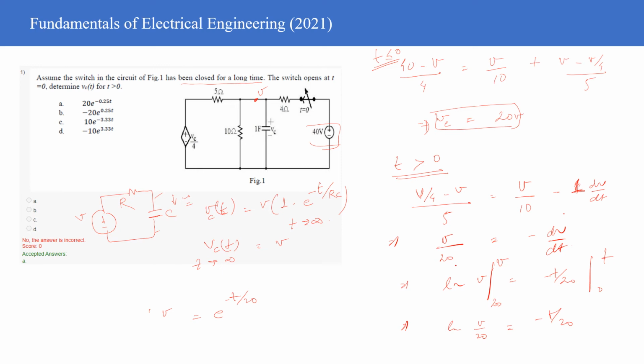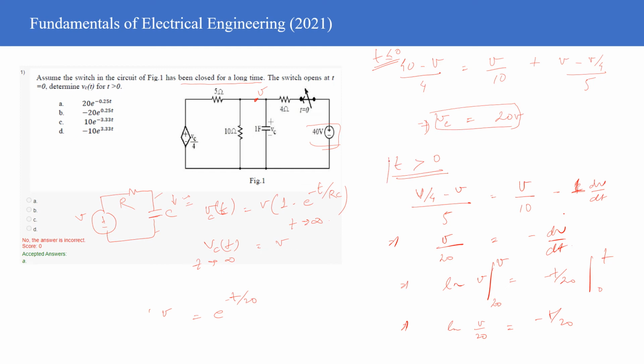This is actually V by 4. Okay, for time t greater than 0... Yeah, so I have done a mistake over here.